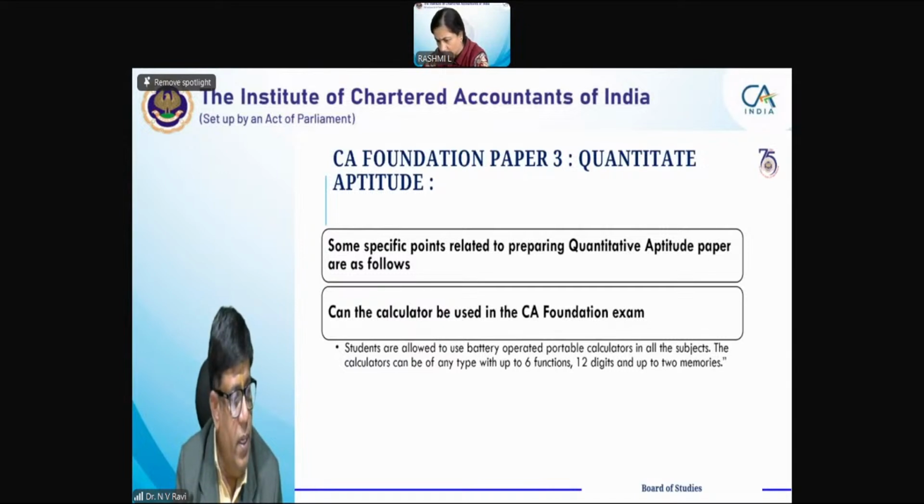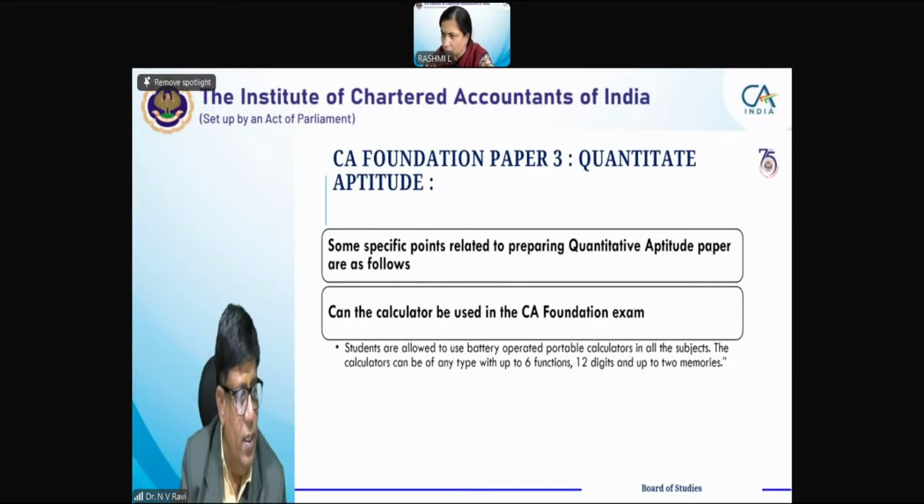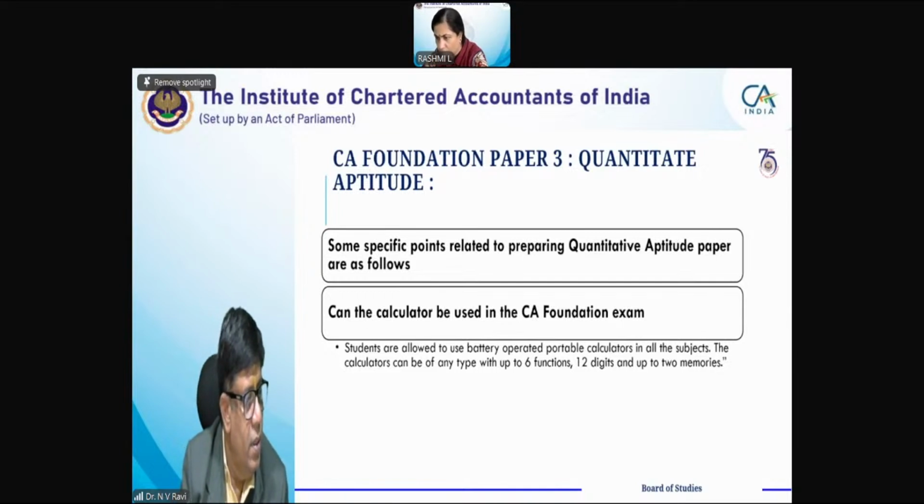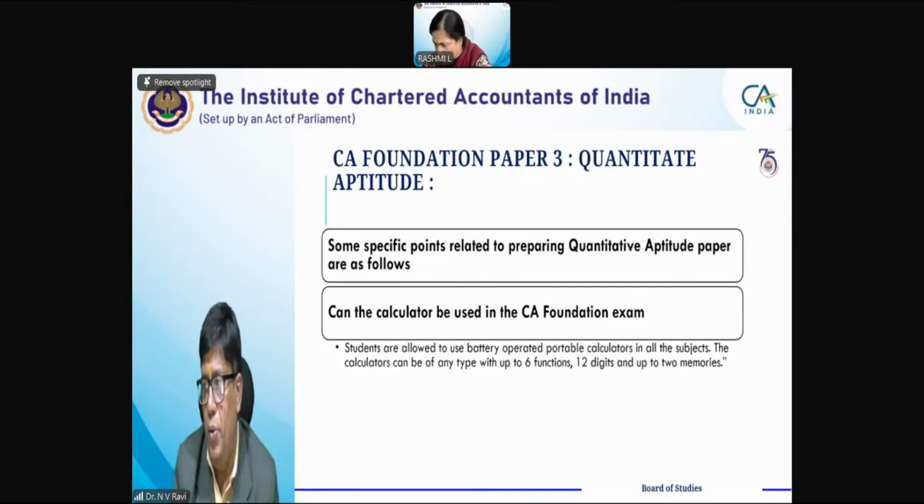The negative marking is 0.25 per wrong answer, so 0.25 times 4 equals 1 mark deducted. This is the simple thing: 9 marks. Hope you understood, students. 0.25 will be deducted.